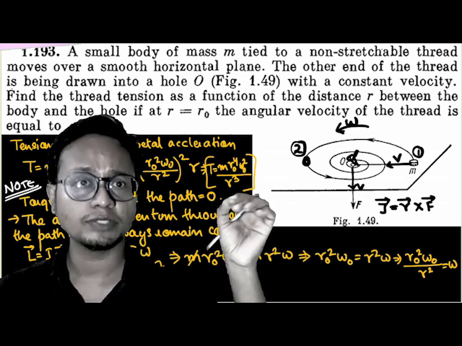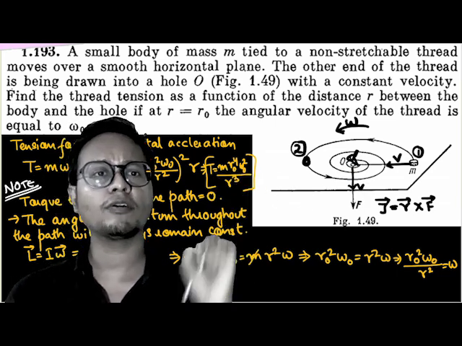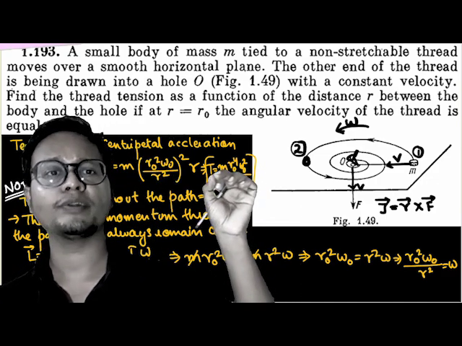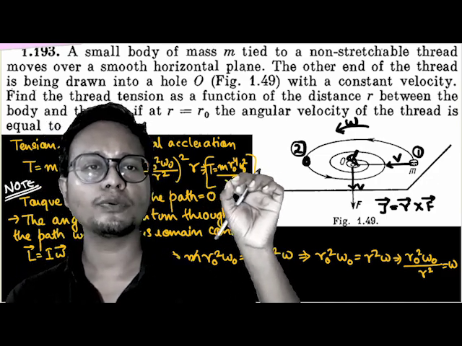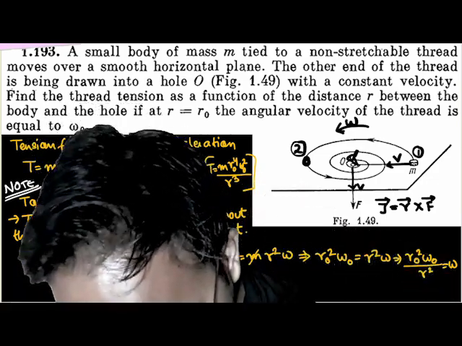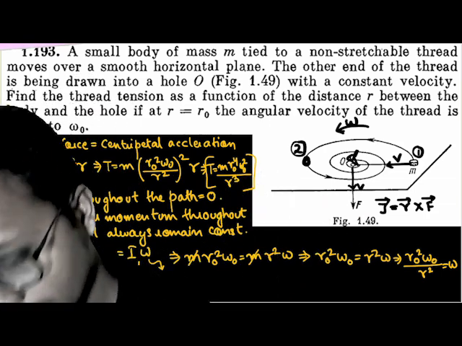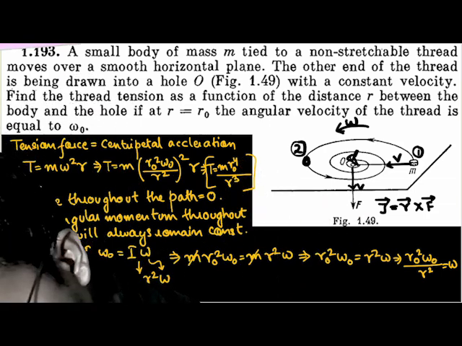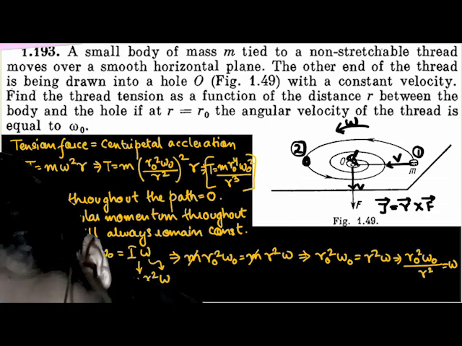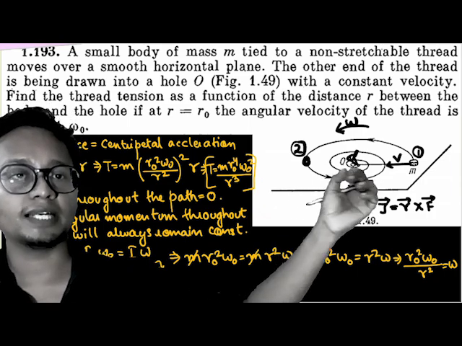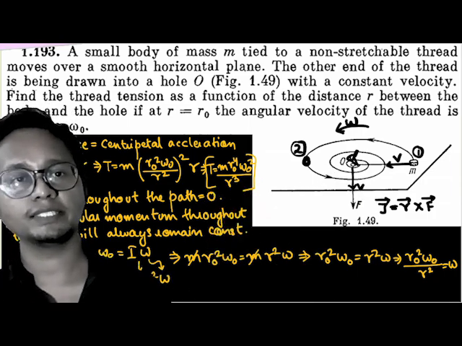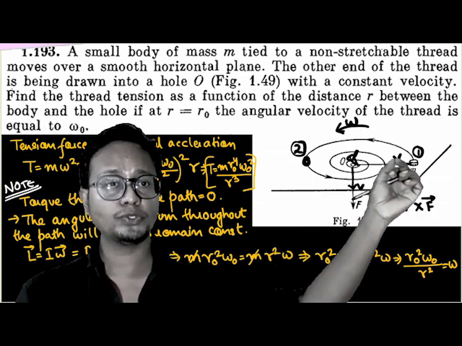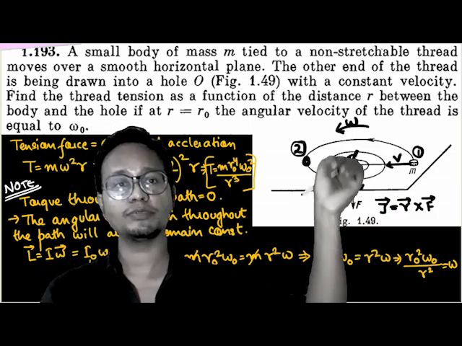Out here, the numerator is already a constant: m into r naught to the power 4 into omega naught square. So as the value of r decreases, the value of tension force increases. As the body moves closer to the hole, the tension force keeps on increasing.